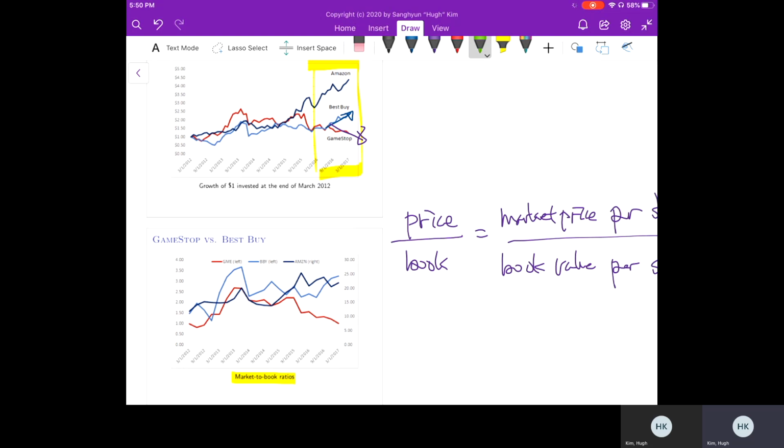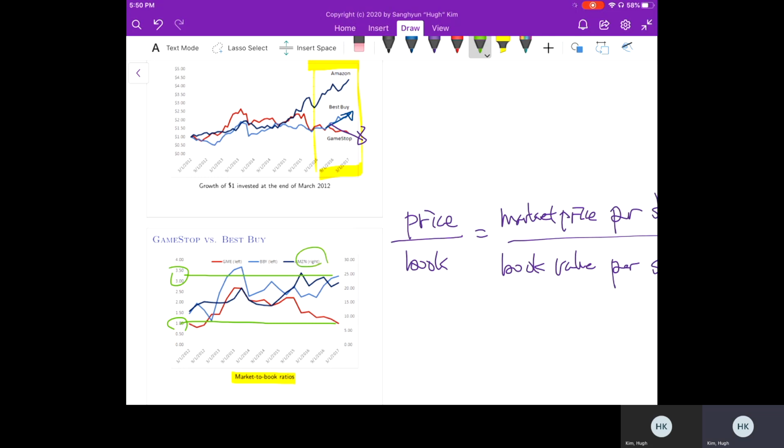If you look at GameStop, GameStop's price to book ratio is close to 1, whereas Best Buy's price to book ratio is over 3. So Best Buy seems to be about 3 times more expensive than GameStop. How about Amazon?